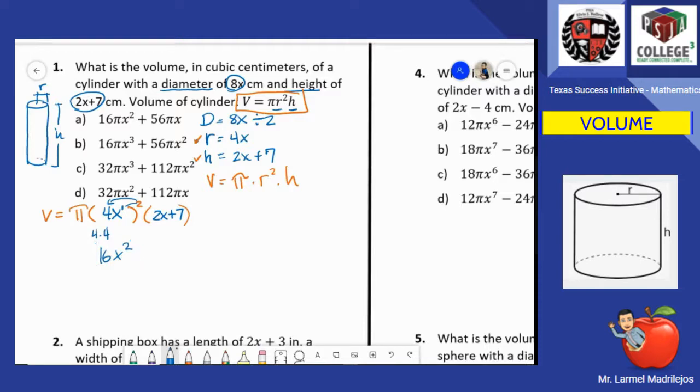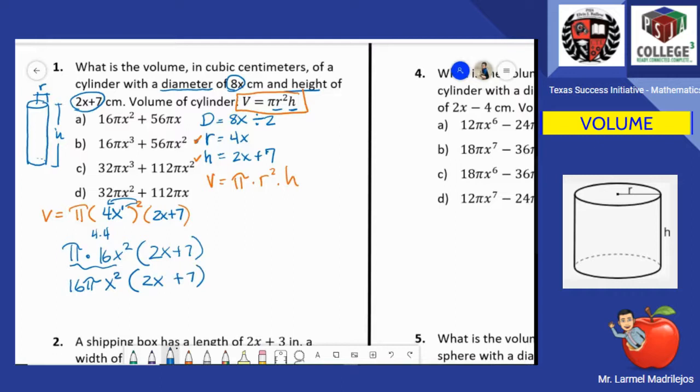Let me rewrite. Now I'm going to rewrite this times pi here. And then 2x plus 7. Let me rewrite this, constant first, x and pi. Oh, my bad. 16 pi x squared, parentheses, 2x plus 7.